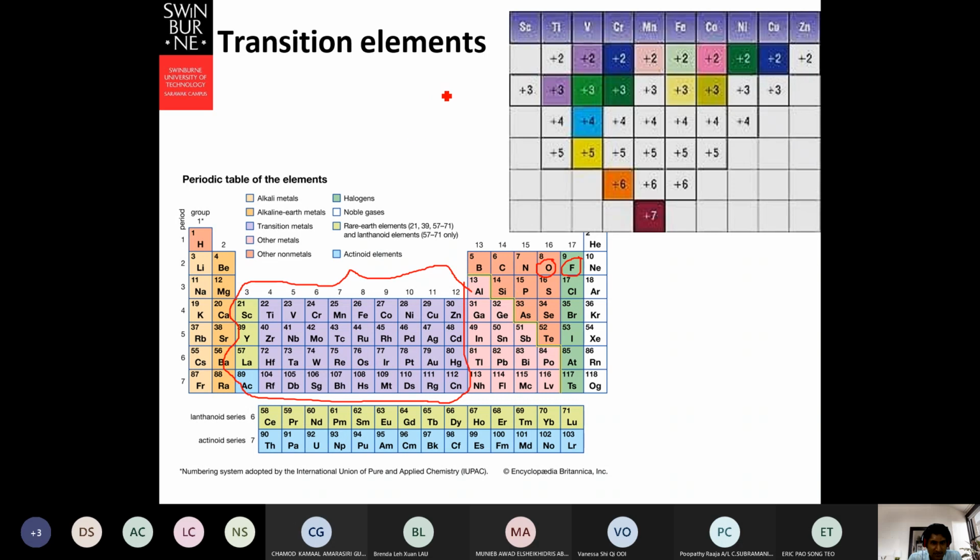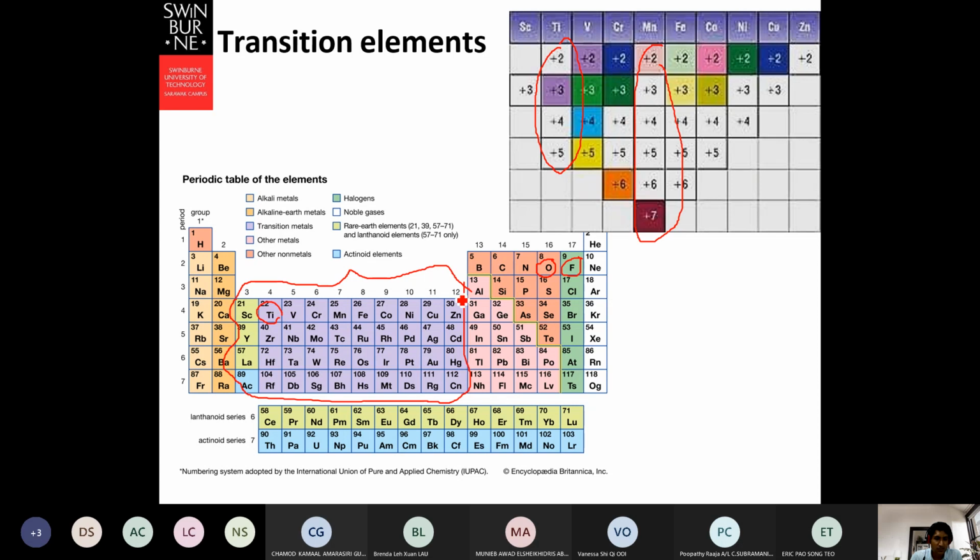Okay, so you can see titanium here, just the first row, in this column we are showing. For titanium, the oxidation state goes from +2 to +5. For manganese, it can go +3 to +7.